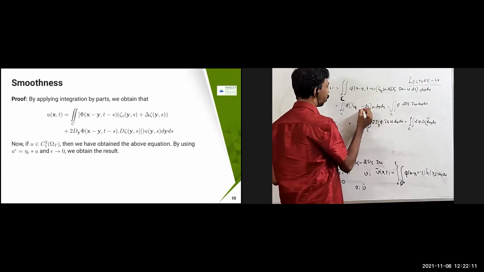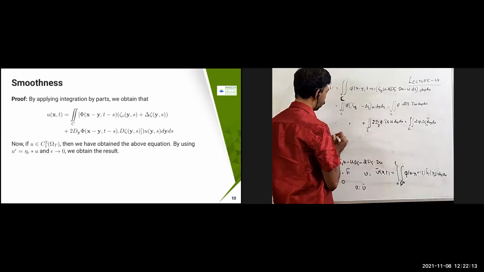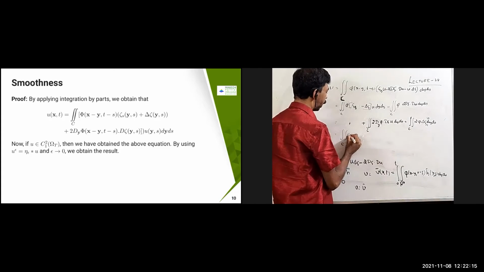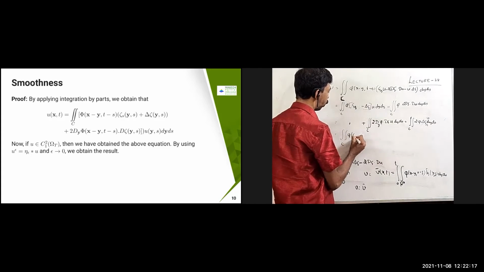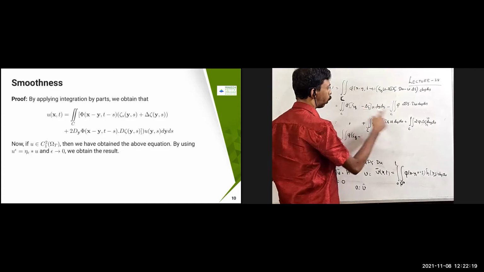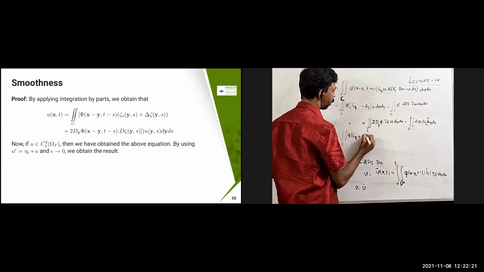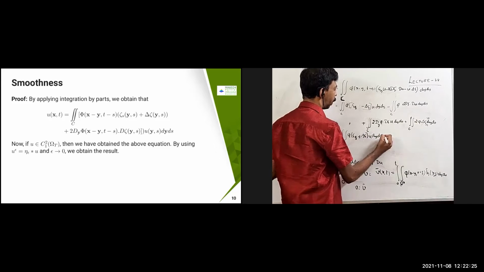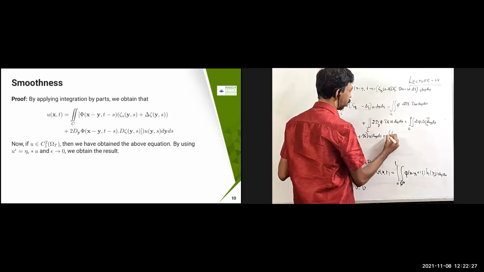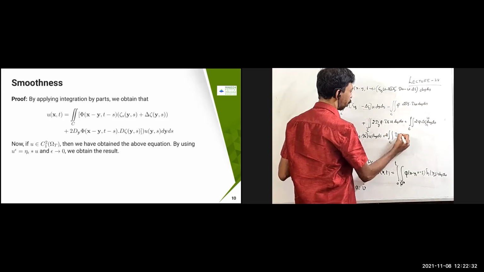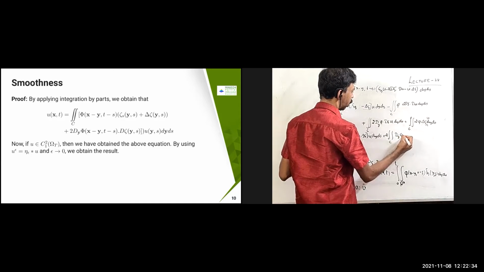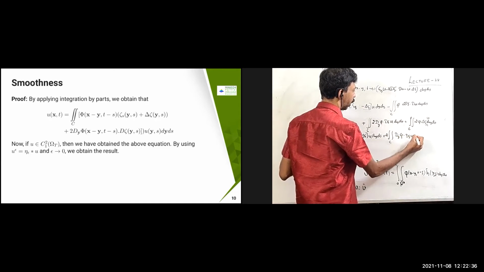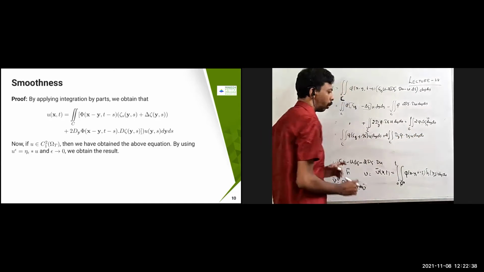So these two terms together are going to become integral over c pi into del s, this is minus 1, this is plus, so this is going to become del psi u dy ds, plus integral over c 2 times dy pi dot d psi u dy ds. This is going to be there.